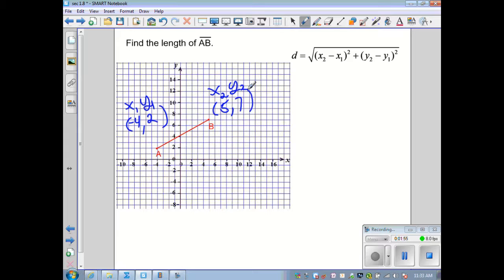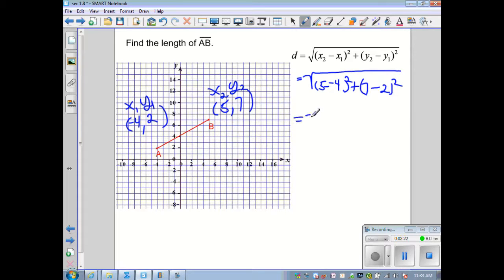Now, I just substitute those values into my distance formula. Here, the square root of x sub 2, which is 5, minus x sub 1, which is negative 4, squared, plus y sub 2, which is 7, minus y sub 1, which is 2, squared.